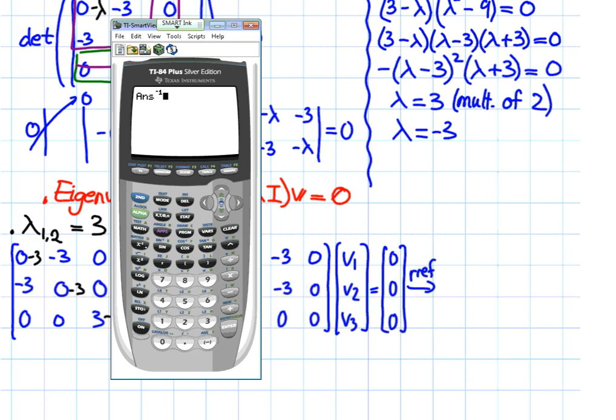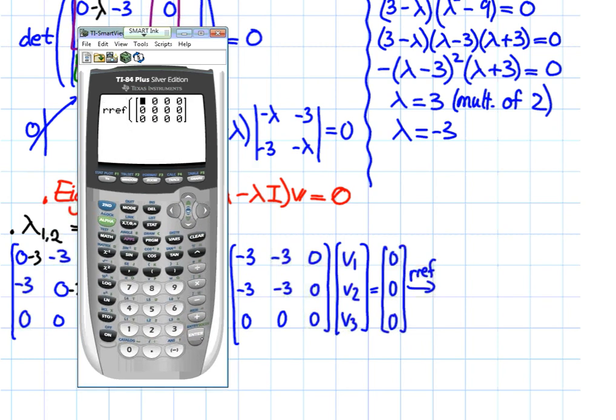The augmented matrix has 3 rows, 4 columns, so that's good. -3, -3, and -3, 0 everywhere else, so that's good.